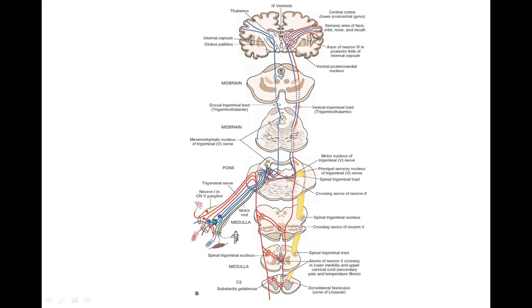This is the trigeminal ganglia where you have the location of the primary neurons, the pseudounipolar neurons, with the peripheral process going through the three divisions of the trigeminal nerve, and the central process going to the principal and spinal nucleus of the trigeminal nerve.